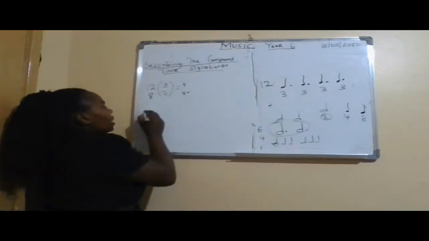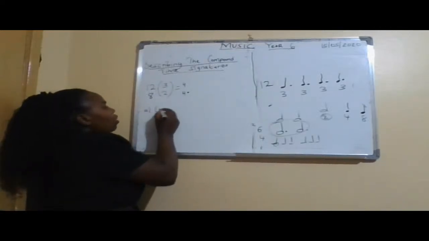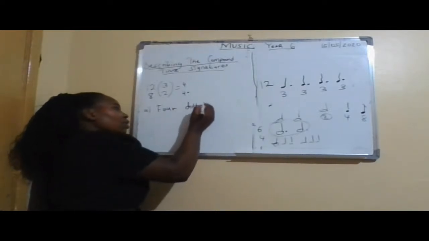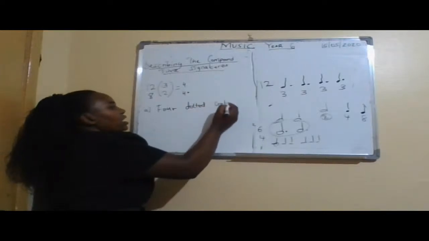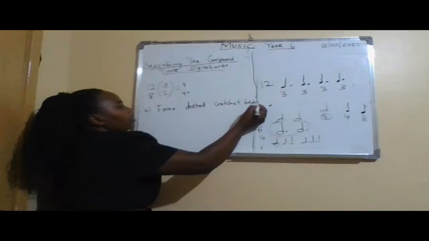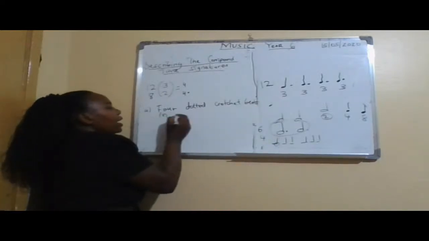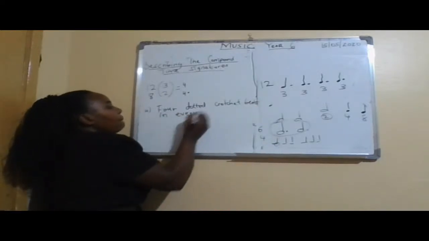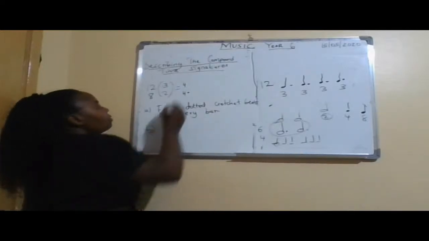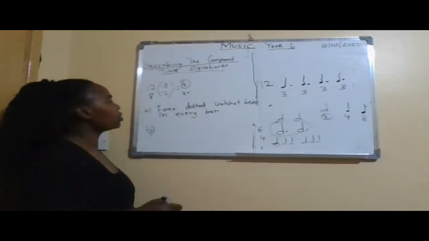Now, the first way, let me start with 4 dotted crochet beats in every bar. Another way will be 4 to stand for quadruple.